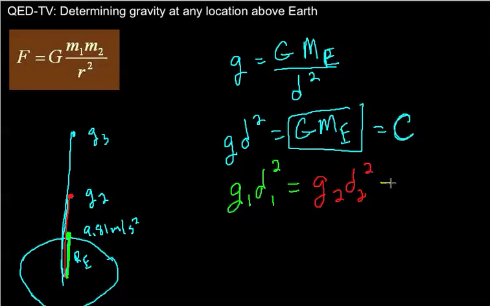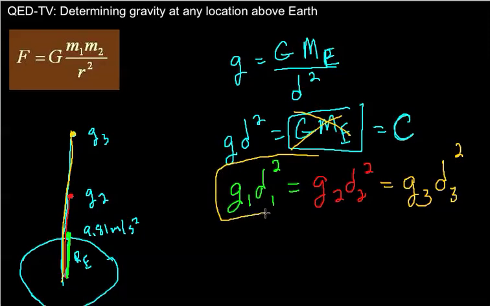Or that would then equal gravity anywhere else, G3, like clear out here, times the distance from the center of the Earth out to that place, D3 squared. Because any gravity at any place times the distance to it squared is always going to be a constant. It's going to be the big G times the mass of the Earth. And we don't really need to worry about what that is. Because if A equals B and B equals C, then A equals C, right? So I can use this kind of ratio here to figure out the gravity at any location.